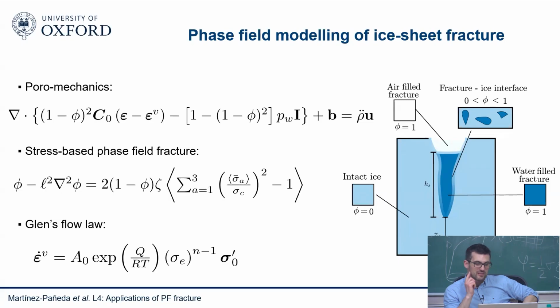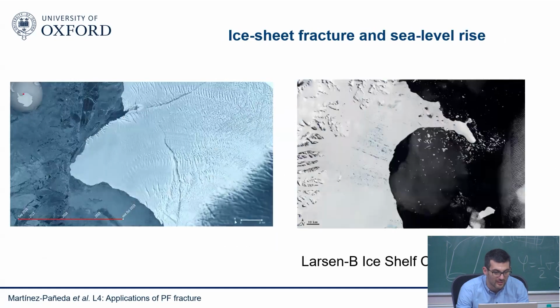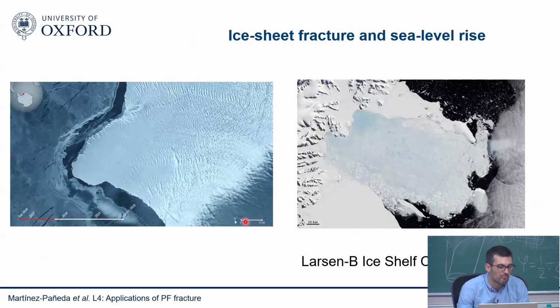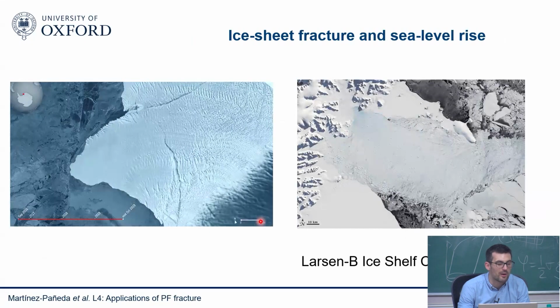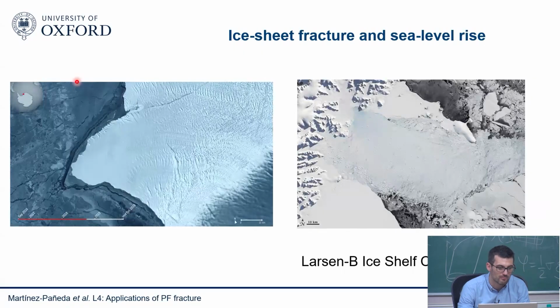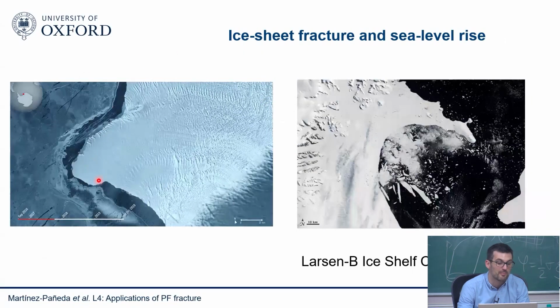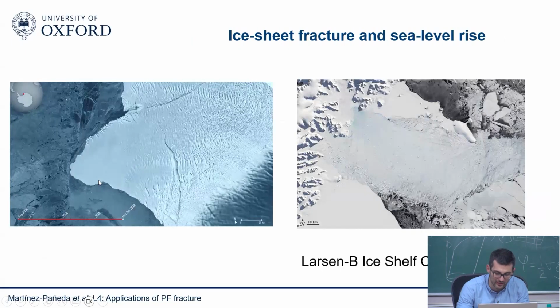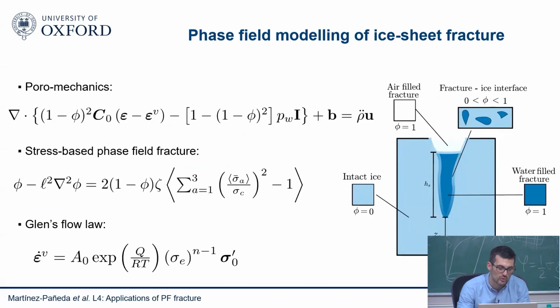And in this case, I needed to do this because the length scales involved in this problem are very, very large. Remember, if we go here, this is 10 kilometers. So if the length scale of my ice is 1 millimeter, then I'm going to have big trouble meshing something like this. It's going to be impossible, basically. So I deviated a little bit. It's kind of the price you need to pay. So I use this kind of stress-based phase field fracture model.